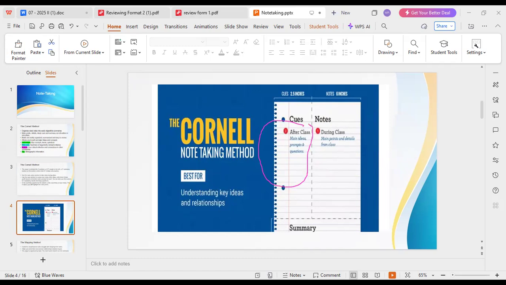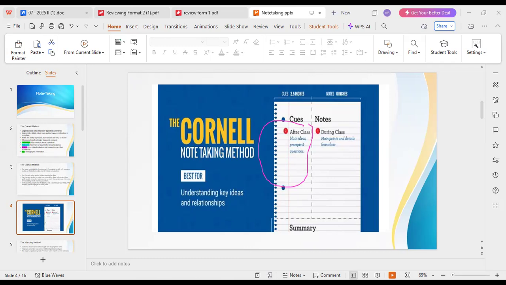Shortly after class, ideally the same day, you can review your notes and extract key elements for the left margin. For instance, as we already discussed, key terms, right? And also prompts and questions, and also the main concepts which organize the material.